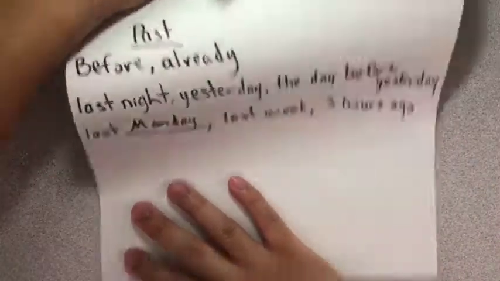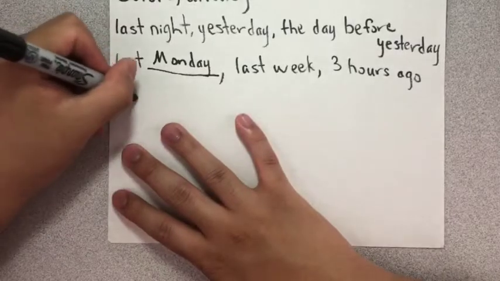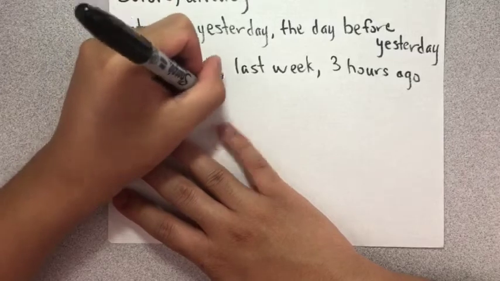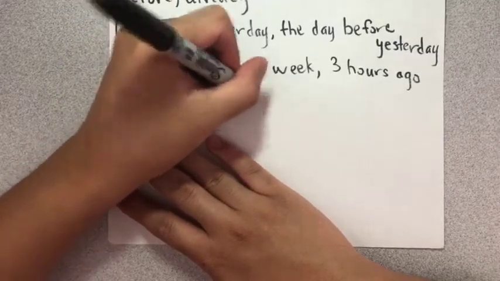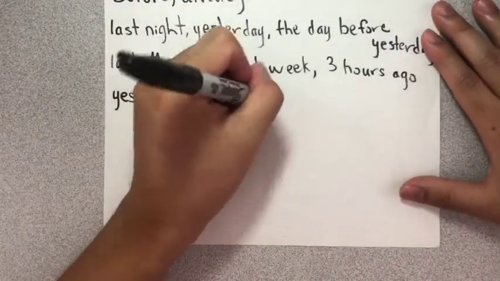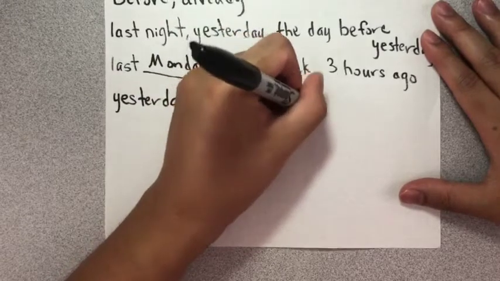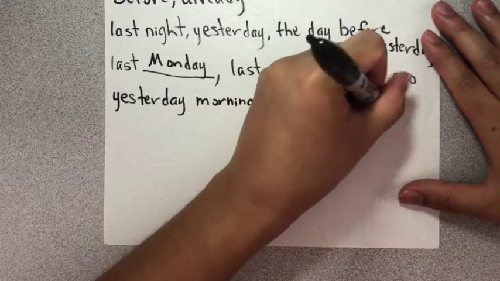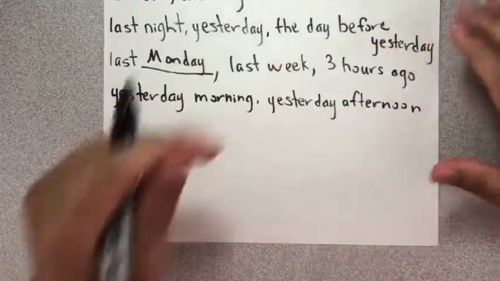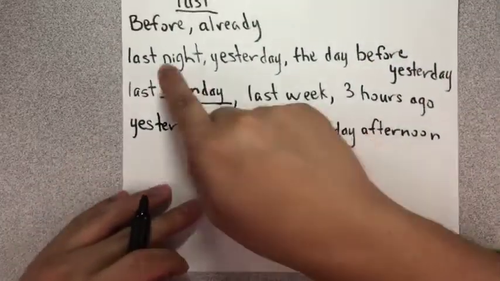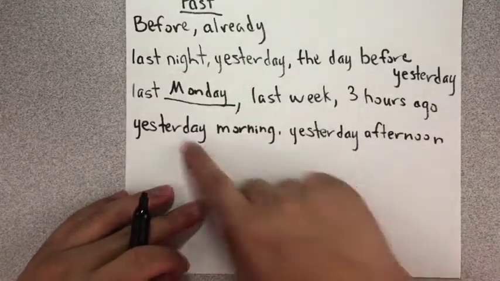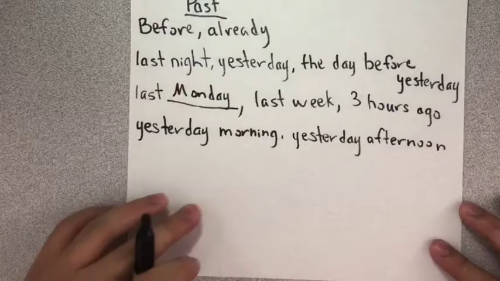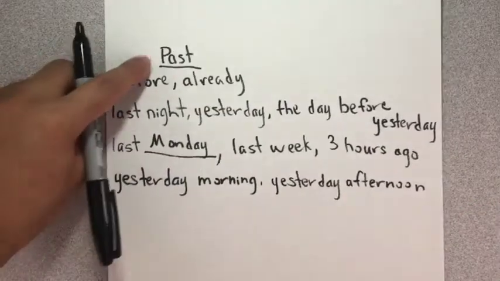You can also say something like yesterday morning, yesterday afternoon. But if we talk about yesterday at night, we say last night. So we have yesterday morning, yesterday afternoon, and last night. All of these words are in the past.